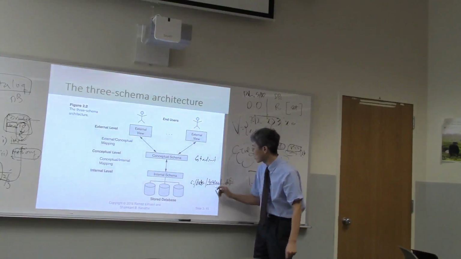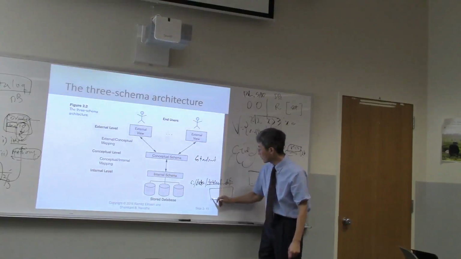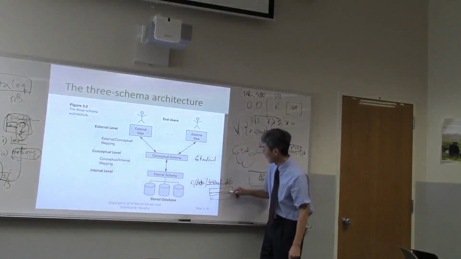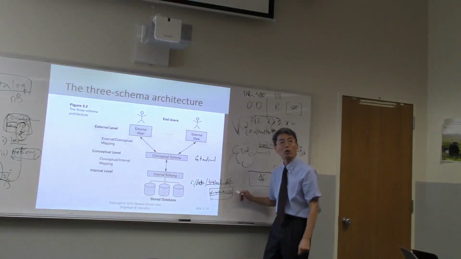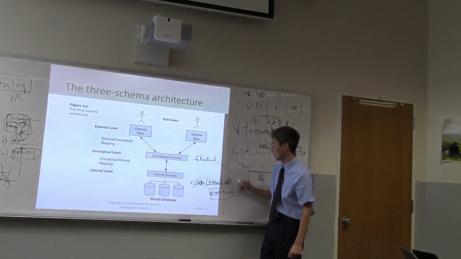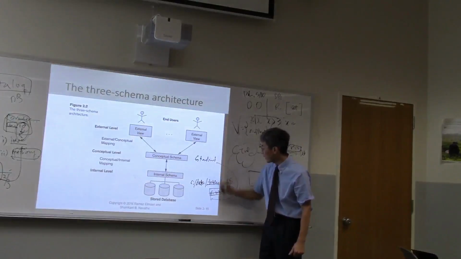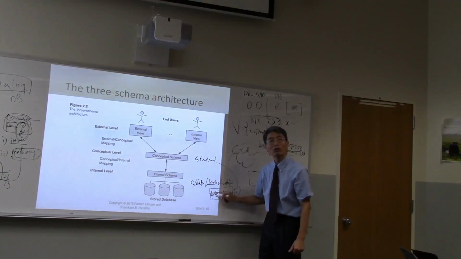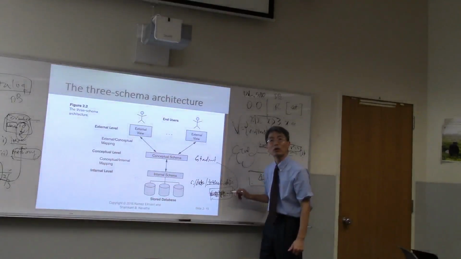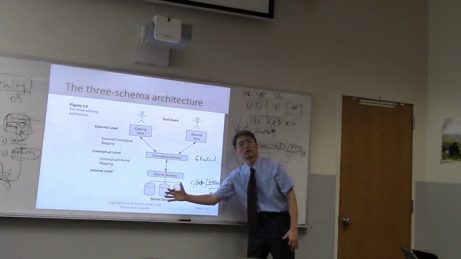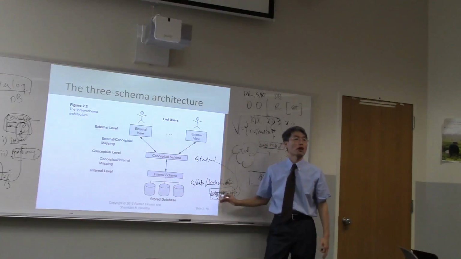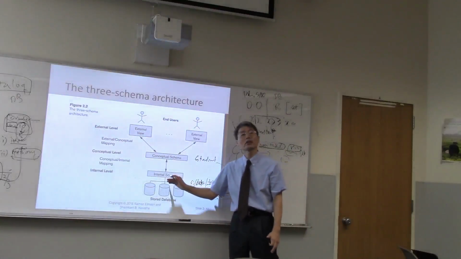In the tablespace1.dbf file, it will be stored from the first block to the 100th block, something like that. And the name is 100 bytes, and ID is a 9-digit number, and so on. Very detailed low-level data structure. This is called internal schema.